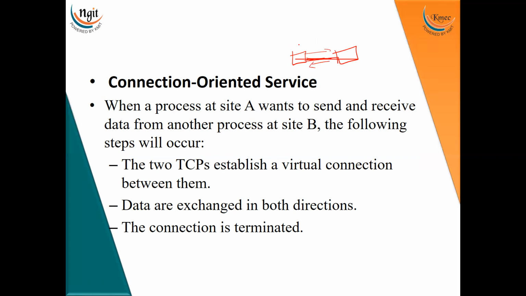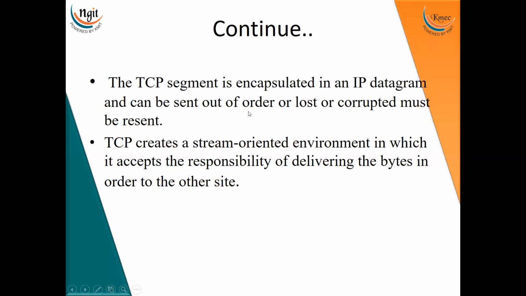Once the data transmission has been completed, the connection is removed. That is a connection-oriented service. The TCP segment is encapsulated in an IP datagram, and segments that are out of order, lost, or corrupted must be resent. It provides a stream-oriented environment for the transmission of data, and it accepts the responsibility of delivering bytes.